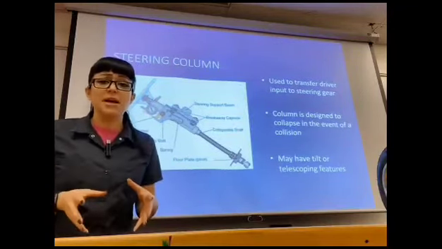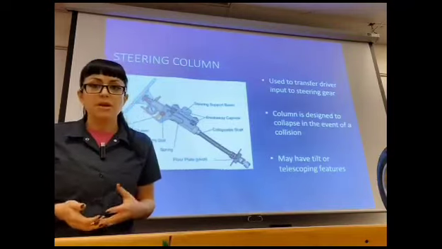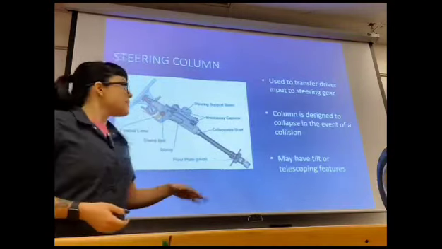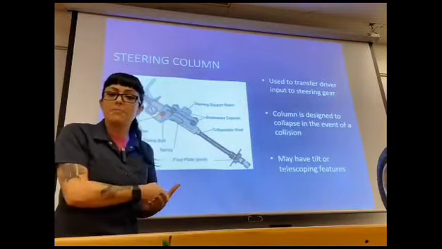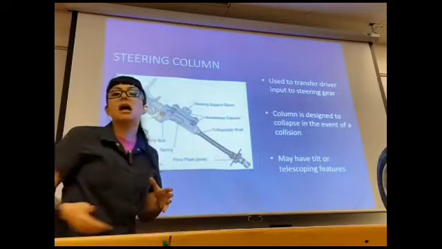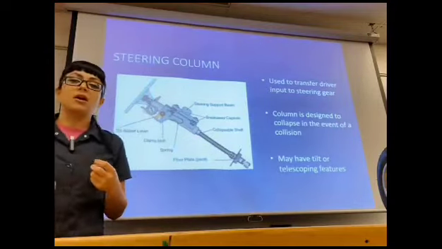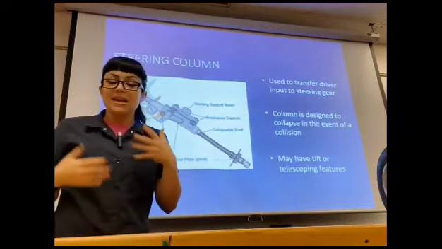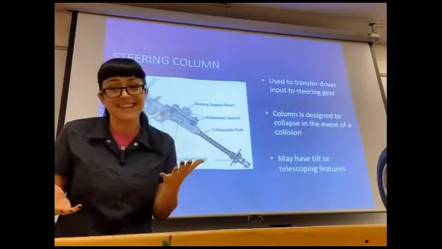But lots of people died because they were impaled by their steering column. So to keep that from happening when you get into a really gnarly accident, they make the steering column collapsible. In the event of a really hard impact, the column is actually going to collapse onto itself. You can't ever reset it. They are permanently collapsed if that ever happens. But hey, you're alive. So there's a give and take there.